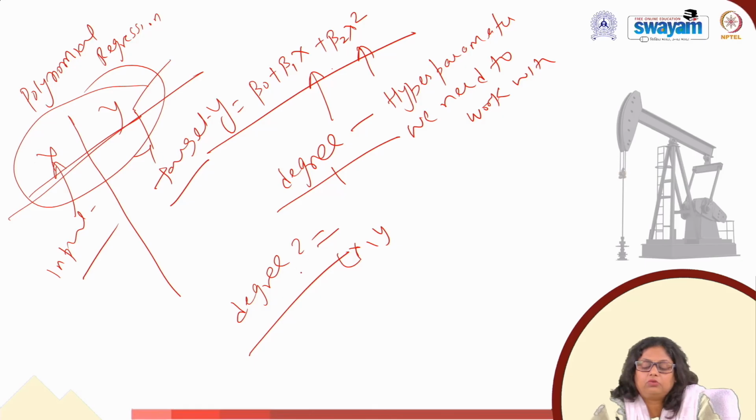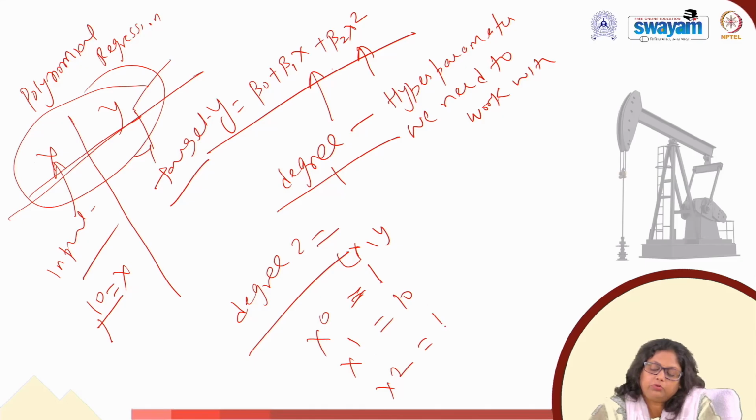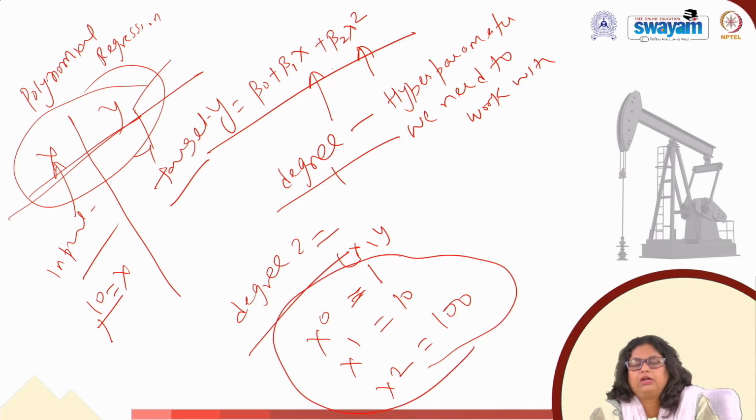If the degree is 2 and the input record is 10, then this is my x. So x0, x1, x2: x0 would be 1, x1 would be 10, and x to the power 2 would be 100. In this form we will be sending the data.